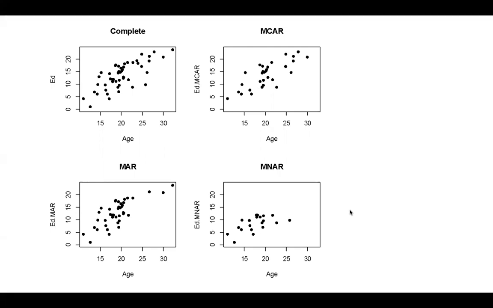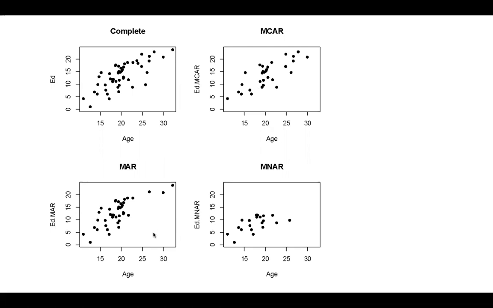That's missing not at random, because whether a value is missing depends on the education value itself in a way that we're not going to be able to make up for just by looking at the age value. So it's important to contrast the bottom left with the bottom right.